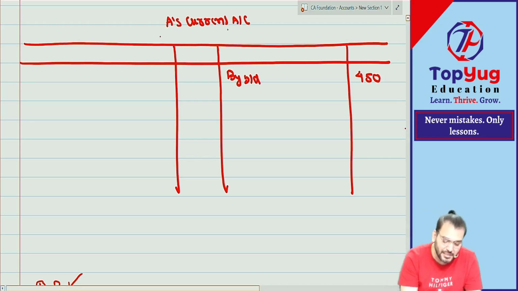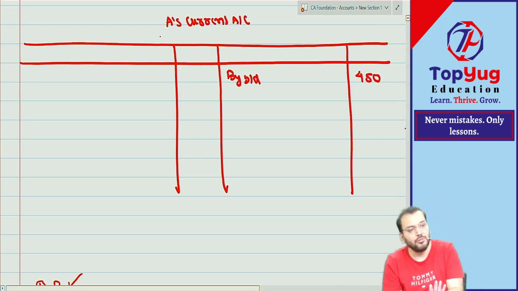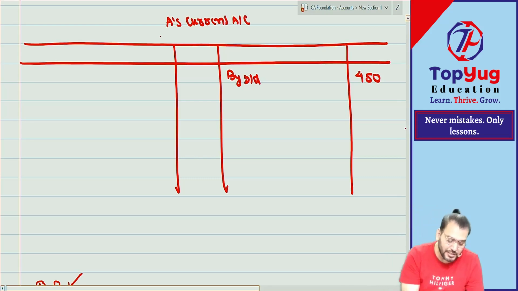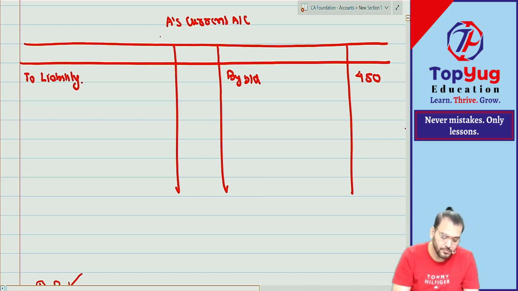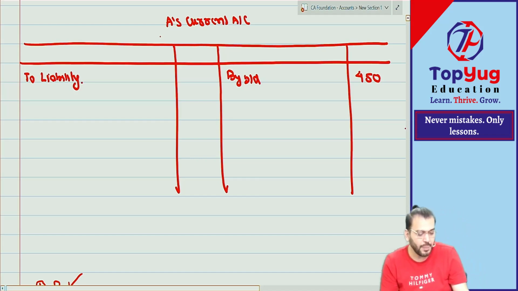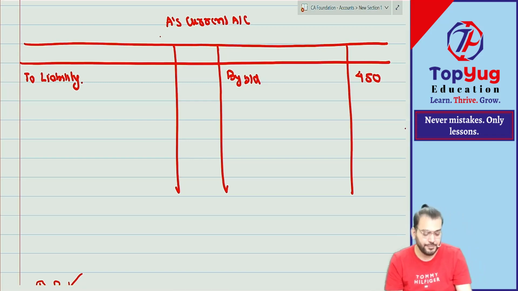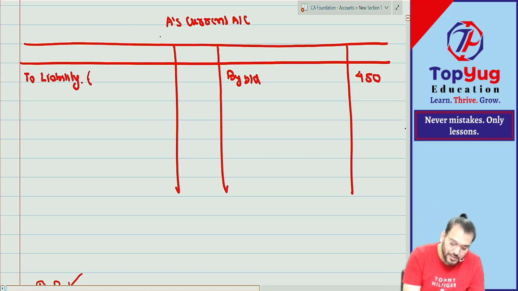So can we say A's current account, because all adjustments are done through the current account only. A's current account debit to what? Can we say liability? Yes or no? Have you understood this point? So what was the amount of liability? 2000.